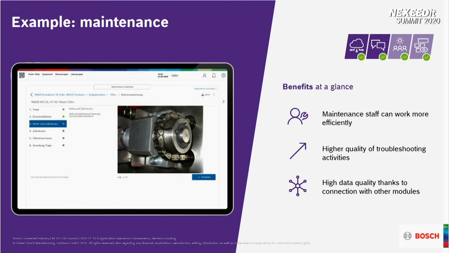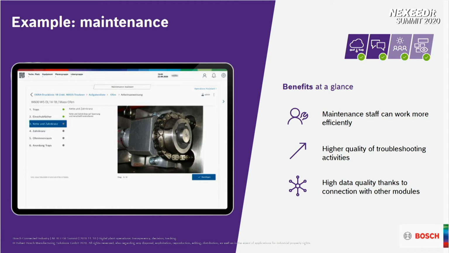Another good example is maintenance. In this case, maintenance is a module that contains a lot of information. It contains tutorial videos, knowledge databases, documentation, and drawings of the station or stations, maybe even of the whole factory.